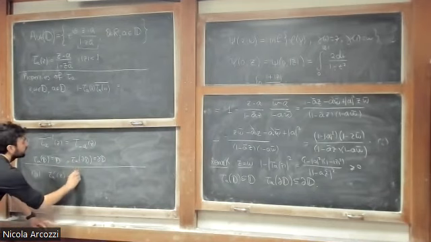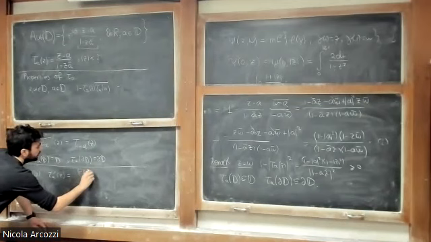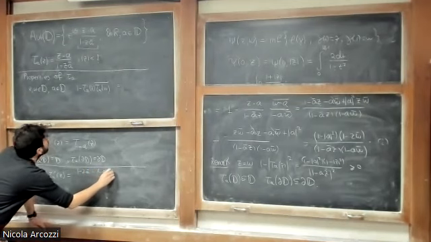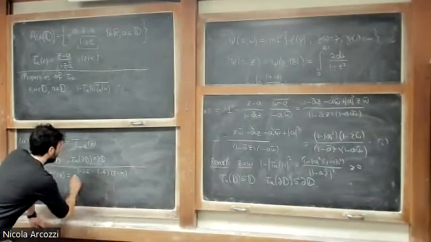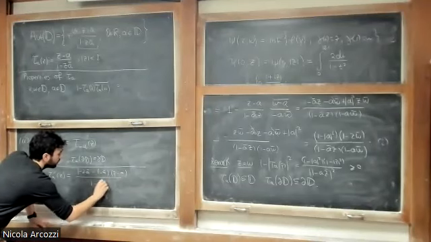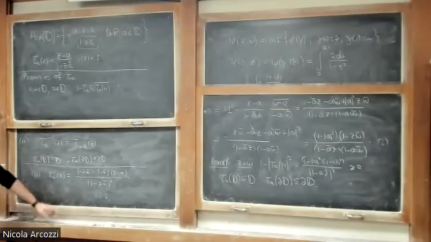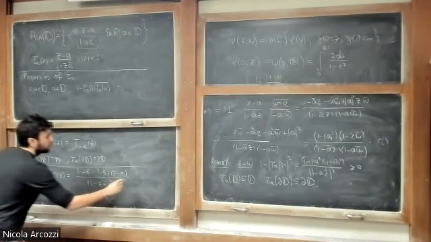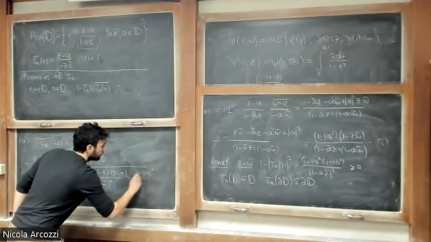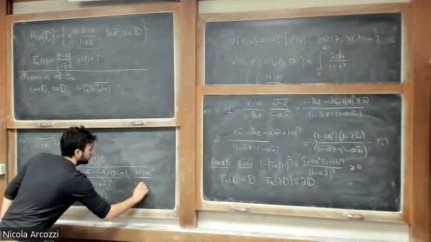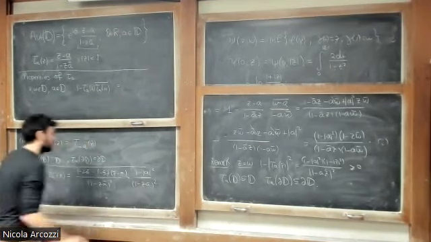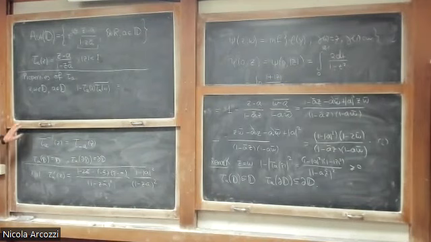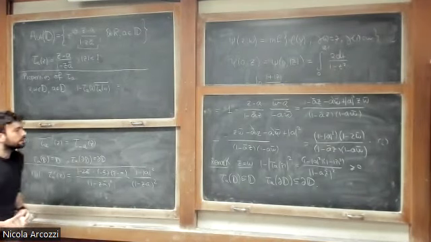Then you get 1 minus, let's say, minus A. So here you get a cancellation here, 1 minus the modulus of A squared. So in particular, we have this formula for the derivative of tau A.